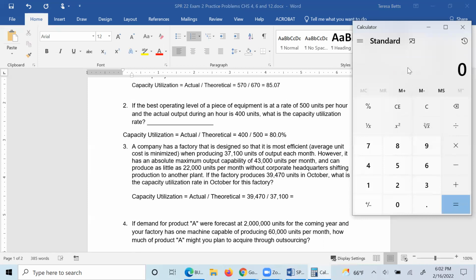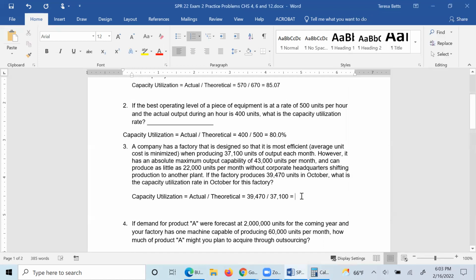Then 39,470 divided by 37,100 gives me a capacity utilization of 106%, which makes sense because we're producing more than what we were most efficient at. I'm going to go out to 2 decimal places, and we will move the decimal place to reflect percent.